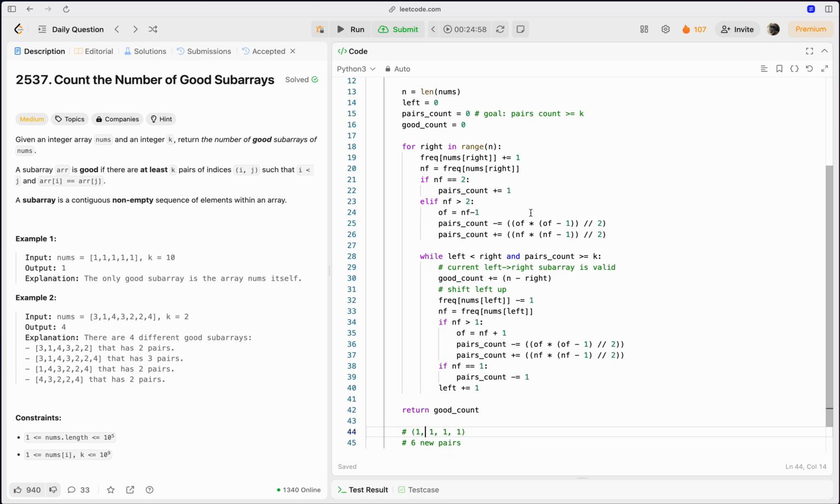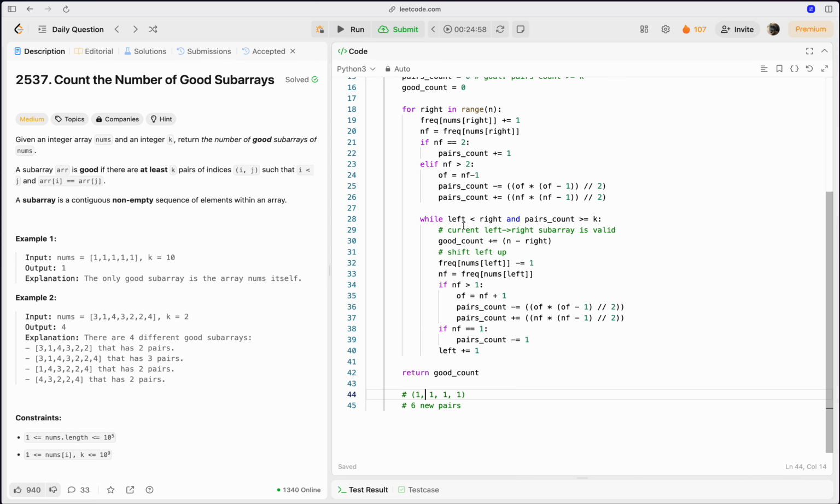But other than that, it's just sliding window. And then this while loop is just: while the current sliding window is valid, let's go ahead and calculate how many subarrays will contribute to our answer. After doing that, since we're done with this valid subarray, let's shift our left pointer up by 1. But when we shift up by 1, we need to make sure to update our pairs count accurately.